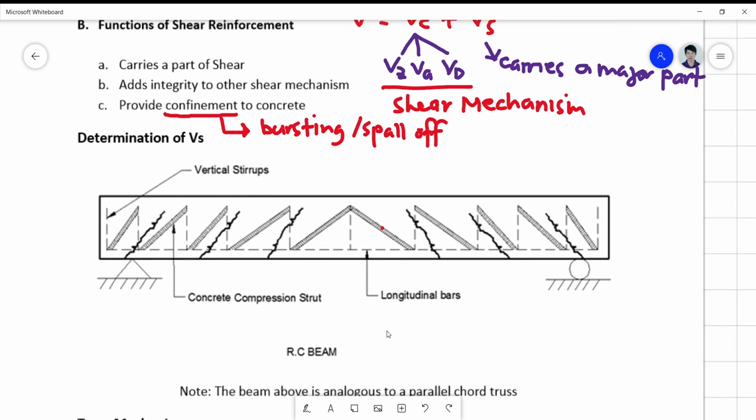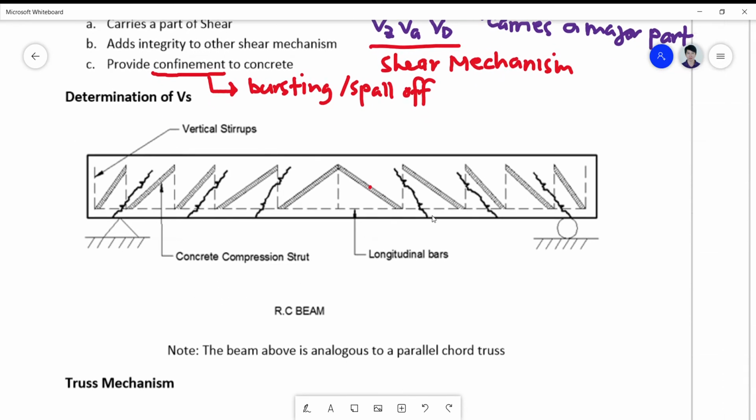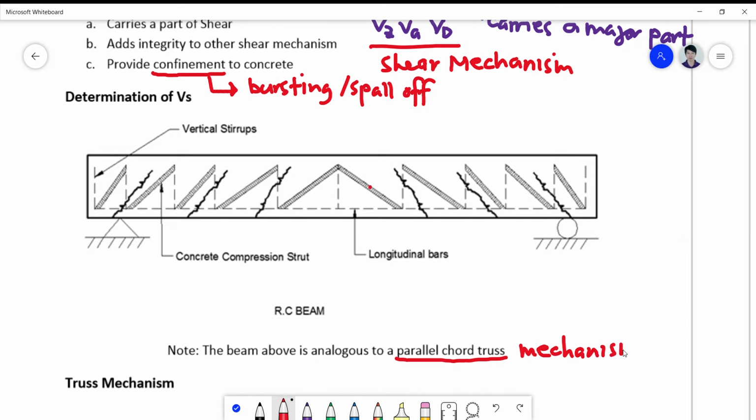The mechanism we are referring to is the truss mechanism. This is a parallel chord truss analogy that constitutes your shear strength due to the stirrups.